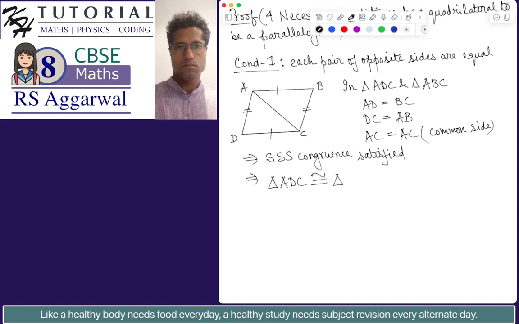Now we know that AD is equal to BC. Okay, DC is equal to AB.